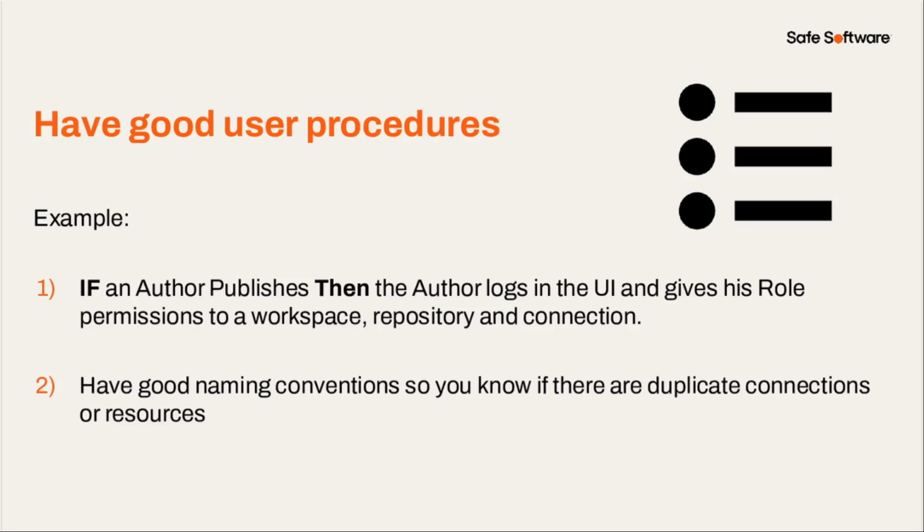That can also be on the admin side, but I think you have to figure out these rules within your organization when you start, so you know who's responsible for what and what's being done. Good naming conventions are also important. They can help find duplicates if there's duplicates in database connections or web connections. Sometimes we get multiple of those published up to FME Flow, and it can cause some confusion.